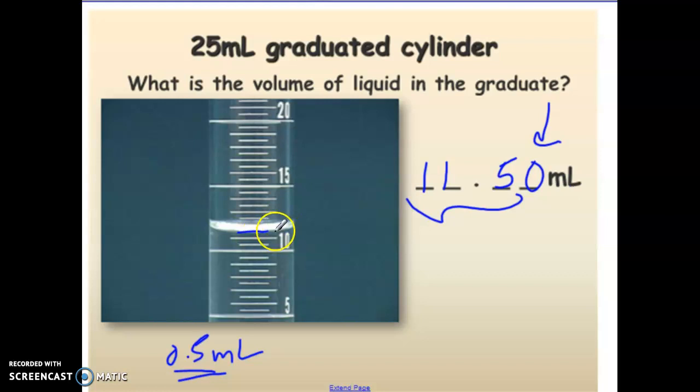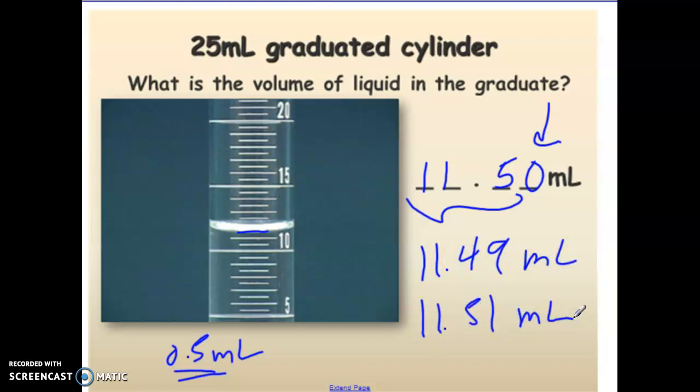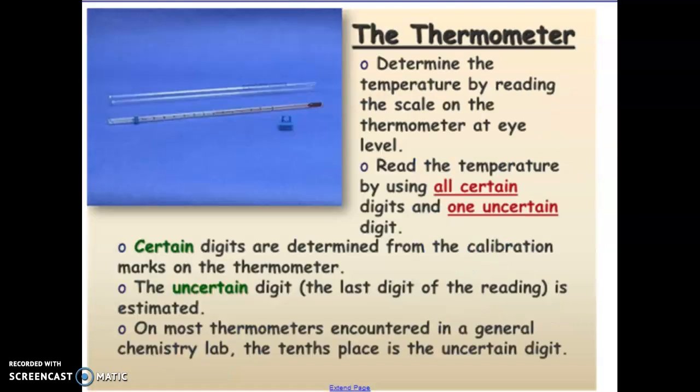Or if maybe you thought this was a little bit below and you said 11.49, that's fine as well, right? Or 11.51. So hopefully that is making sense. So always you are reporting certain digits and one estimated uncertain number.